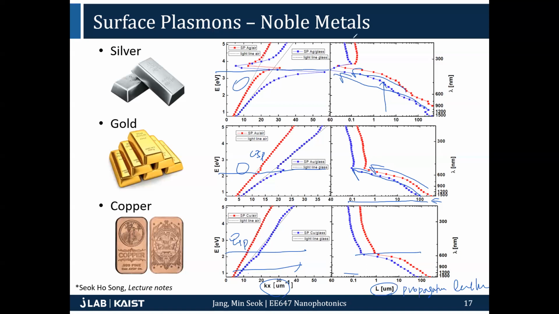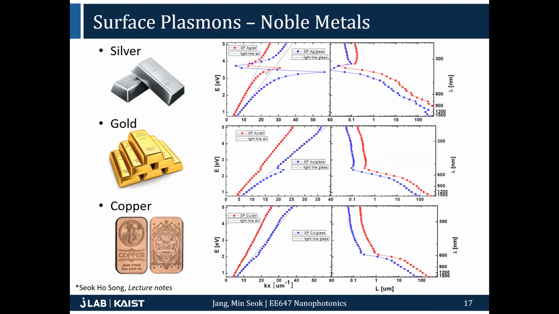Another thing that you can notice is that in the case of silver, you can get a relatively high k vector compared to free space light at the same frequency, right? But for gold and copper, the deviation of the surface plasmon dispersion from free space light is not that large.